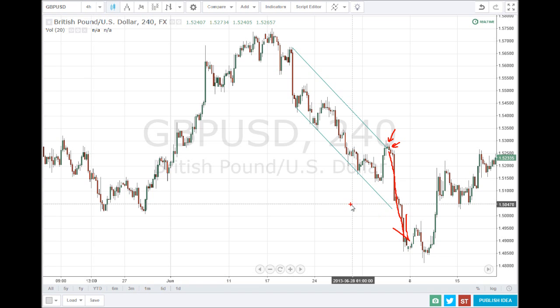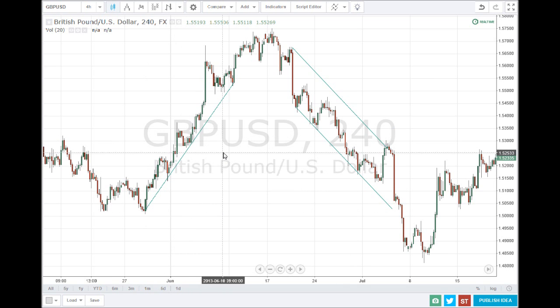Let's create a channel for this uptrend. We have a push, a pullback, a push, a pullback, a push, a pullback, and a push. Let's join these lows. These lows are now joined, and you'll notice this line now acts as a trend support.